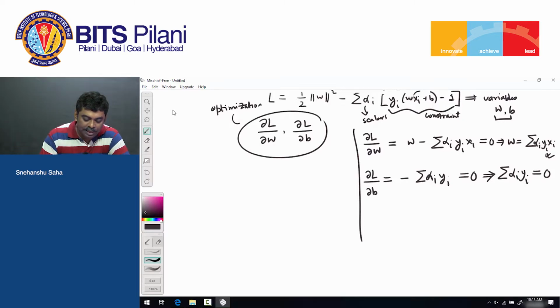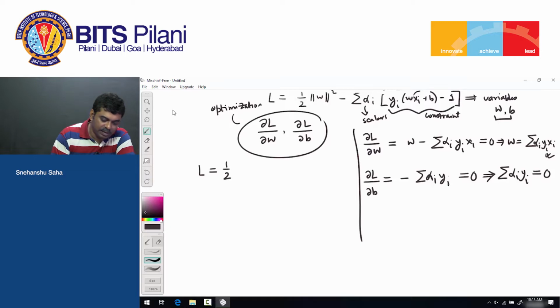So you have simultaneous equations. What we are trying to do is solve for w and solve for b. So by simply using this, I can rewrite the Lagrangian in the following fashion.